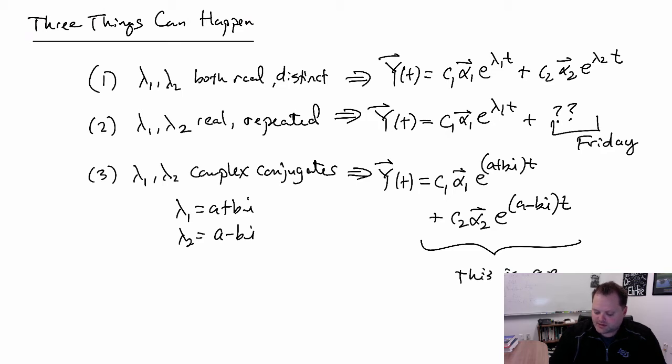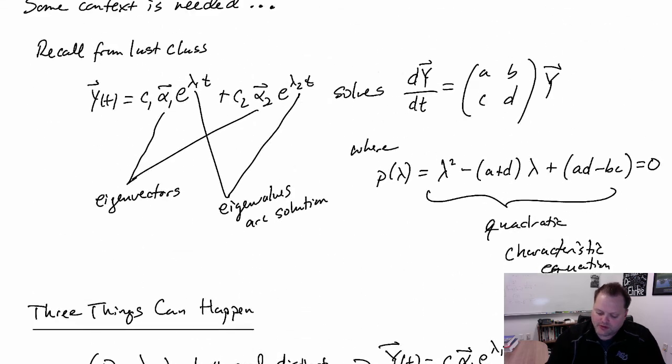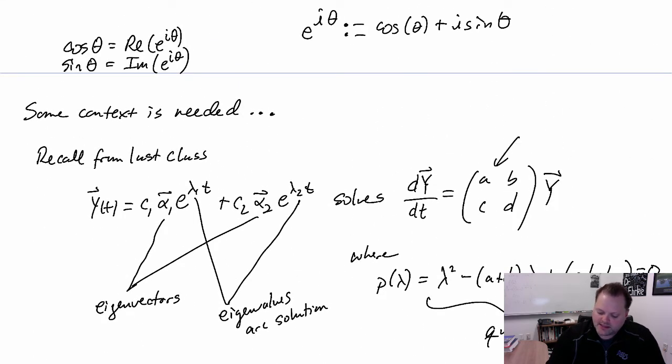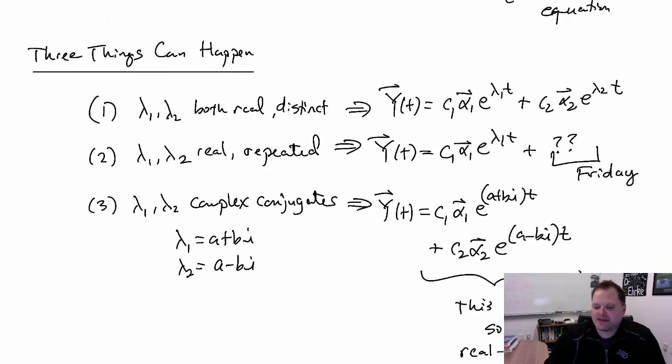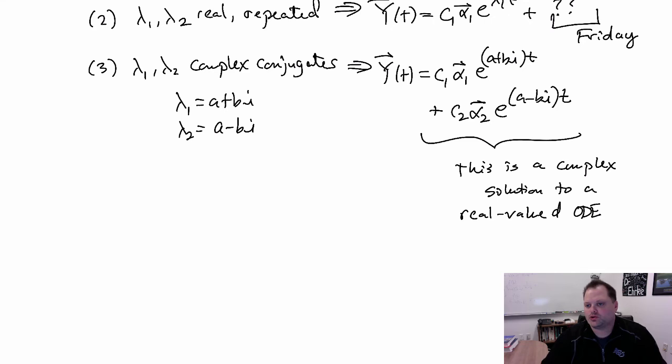So the only problem with this is a complex solution to a real valued ODE. We're assuming that when we solve the ODE, A, B, C, and D are all real constants, which means it doesn't make any sense for the solution we inherit to be complex valued.